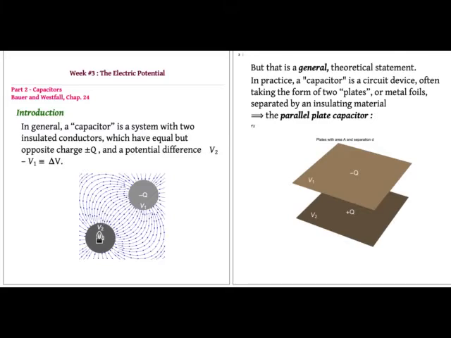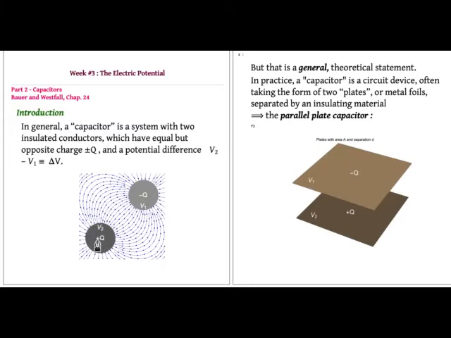So in this positively charged sphere, every point has the same value of electric potential. Call it V2. So V2 is the electric potential of this sphere. Not any particular point in the sphere, all points in the sphere. And similarly, this second sphere has charge minus Q. All the points in that sphere have the same potential, V1. And now we'll define delta V as V2 minus V1.